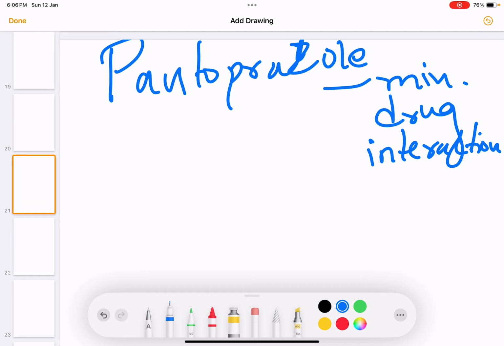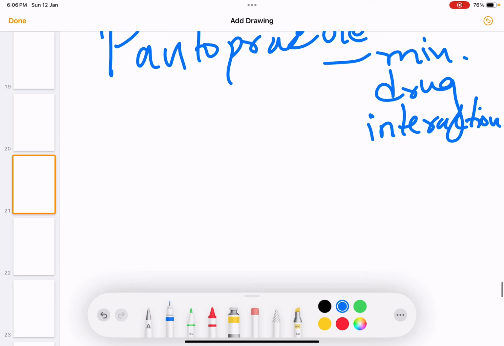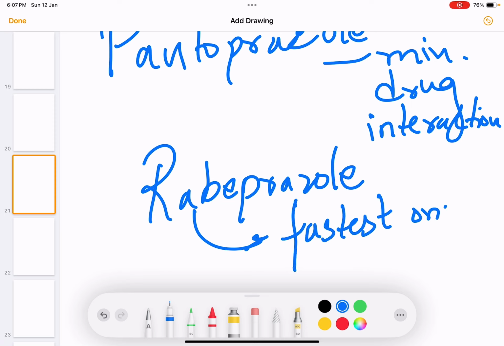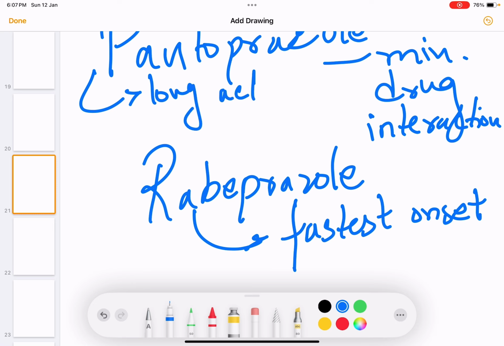Pantoprazole is not an enzyme inhibitor. And the next one is rabeprazole, which is safe in this regard. Rabeprazole also has the fastest onset of action. It is very fast acting. Pantoprazole is a long acting drug.